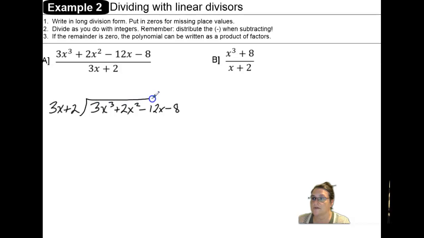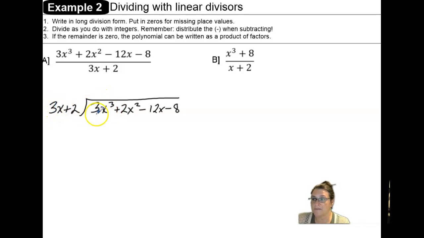Okay, and that goes under my division bar. So now, in step 2, divide as you do with integers, remembering to distribute the negative when subtracting.